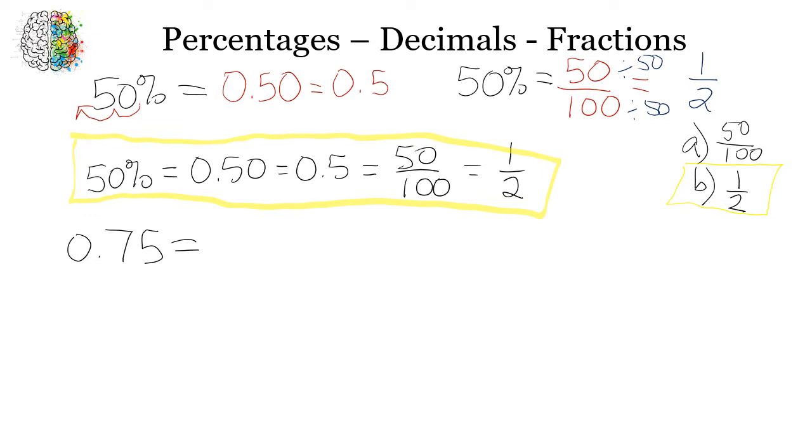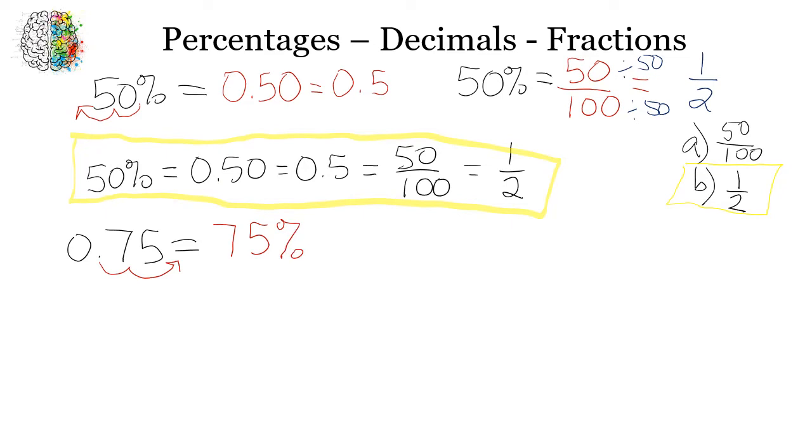So we're going to do just the opposite. When we wanted to convert a percentage to a decimal, we moved 2 places to the left. When I want to convert a decimal to a percentage, we're going to go 2 places to the right. And then I'm going to put my little percentage sign.